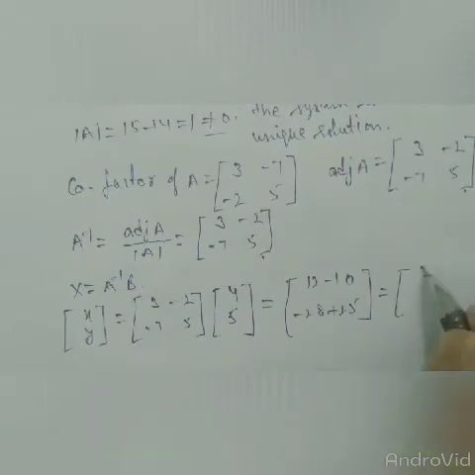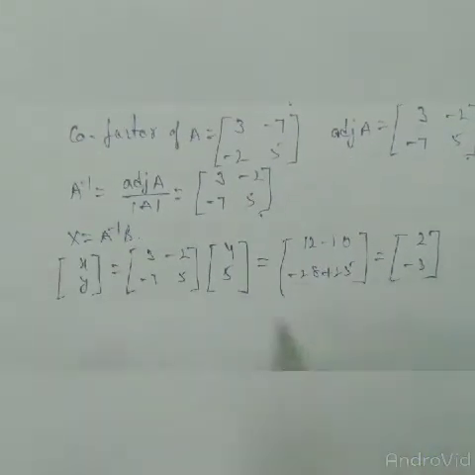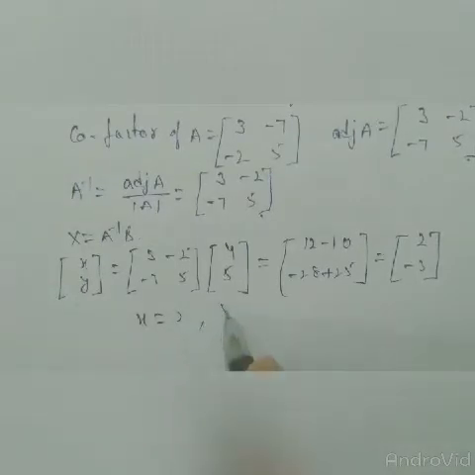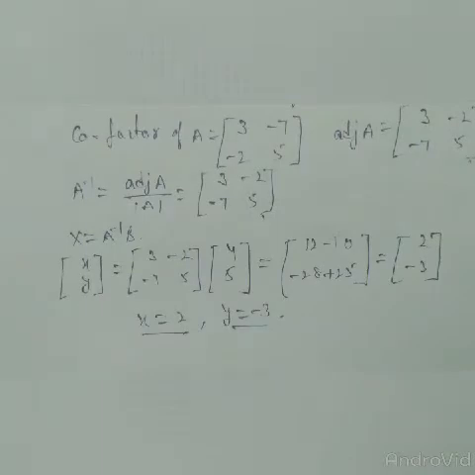So this is 2 and minus 3. If we equate these two, then x is 2 and y is minus 3. So we have the solution of this system of equations by using the matrix method. Clear? So similarly you can find 7, 8, 9, 10.